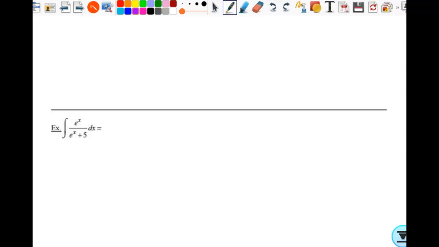All right, what are we going to try? The denominator. Okay, let's see what happens. So u equals, we'll call it that denominator, e to the x plus 5. All right, so what's du? e to the x dx.